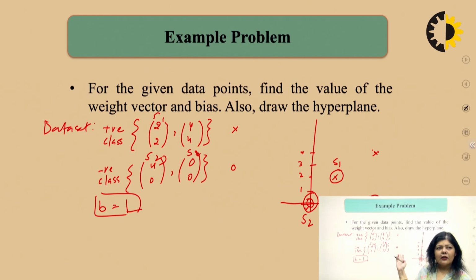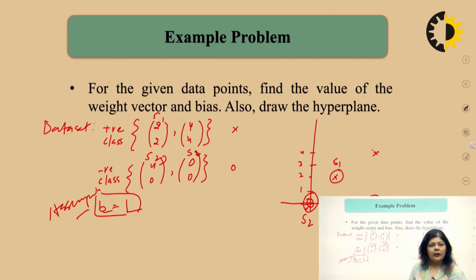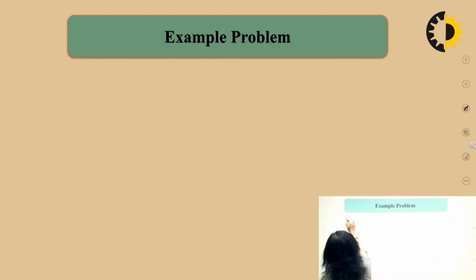Actually, we have to find the final value of the bias, but right now we are taking an assumption, and according to this assumption, we are keeping the bias as 1, and we will append this bias value to each and every support vector.